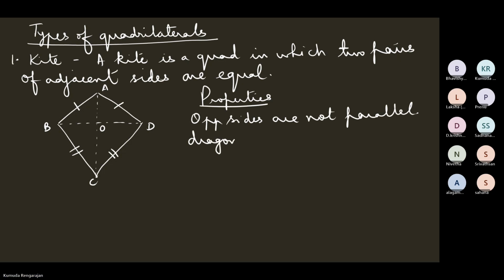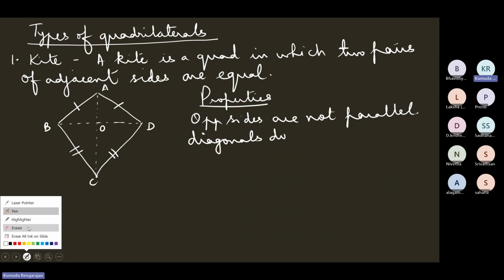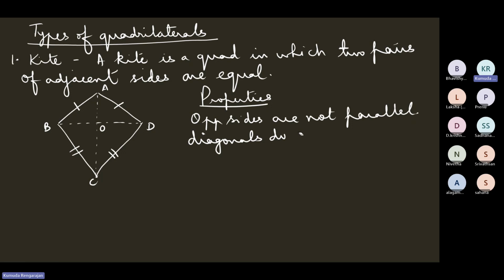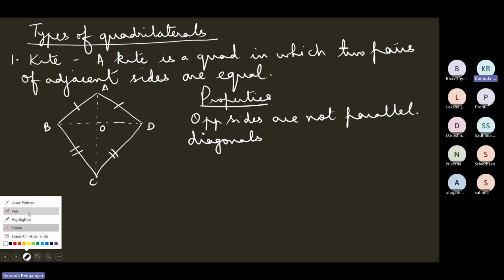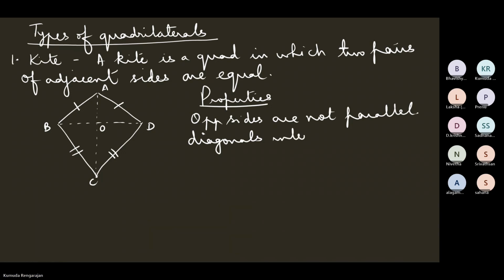Diagonals meet at right angles. Diagonals intersect at right angles.